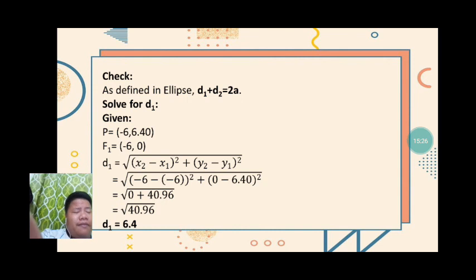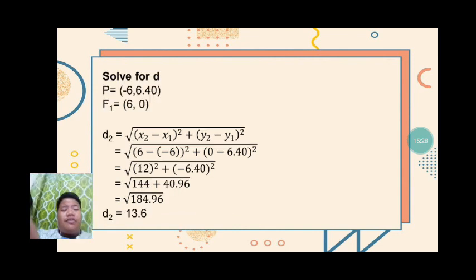So, it is true. And to solve for d sub 2, our P is negative 6 and 6.40, and our foci 1 is 6, 0. So, to solve for the distance 2, we will just simply use the formula, the square root of the quantity x sub 2 minus x sub 1 squared plus the quantity y sub 2 minus y sub 1 squared.